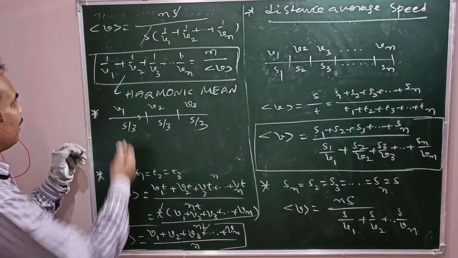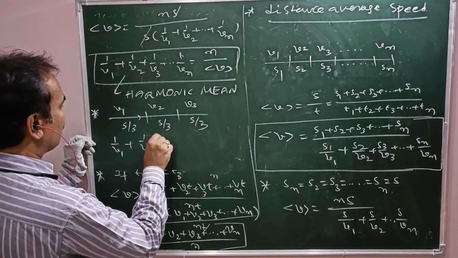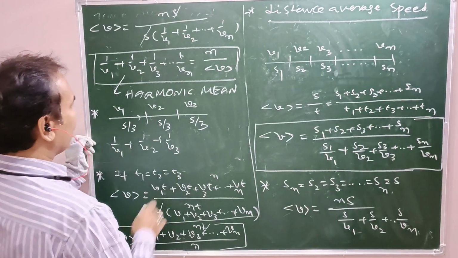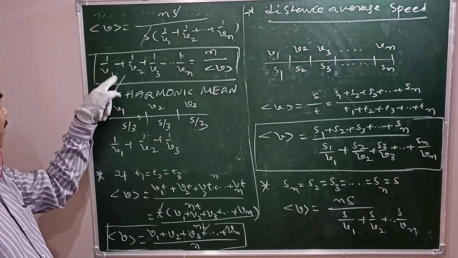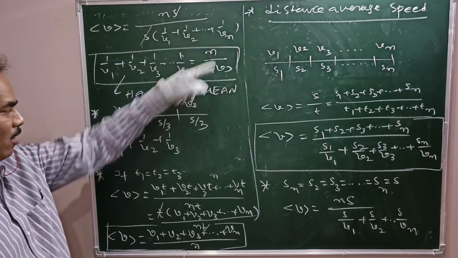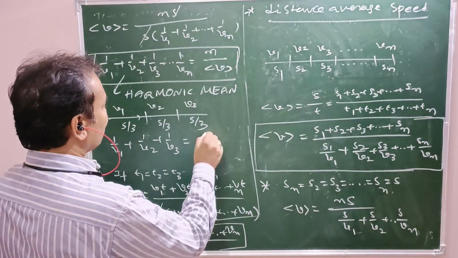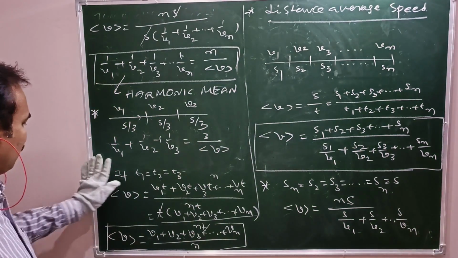Substitute in the direct form: 1 by V1 plus 1 by V2 plus 1 by V3 equals, here n is 3 because there are 3 segments, 3 by average speed.